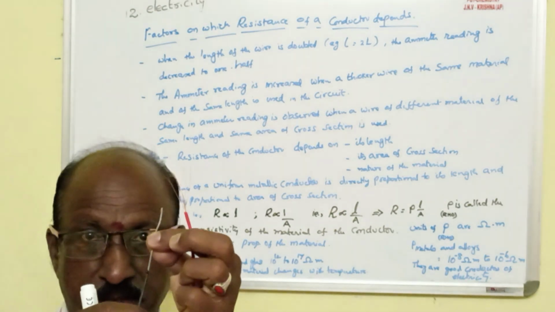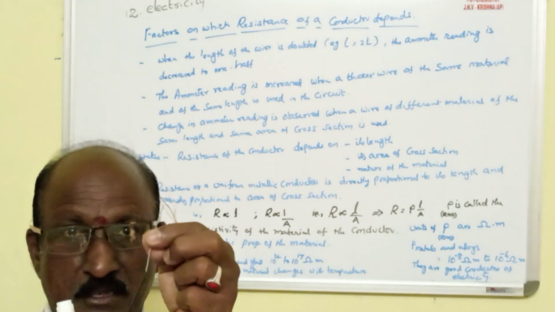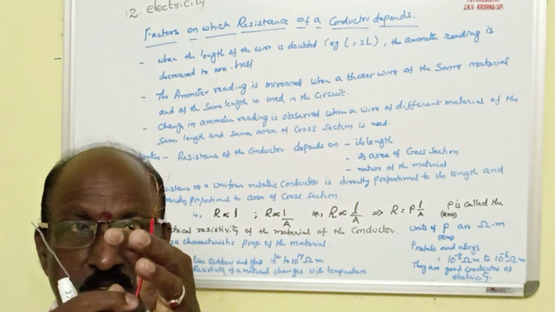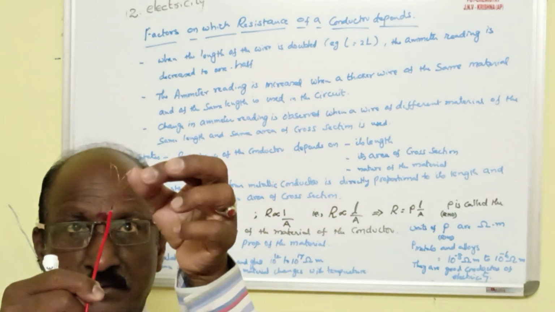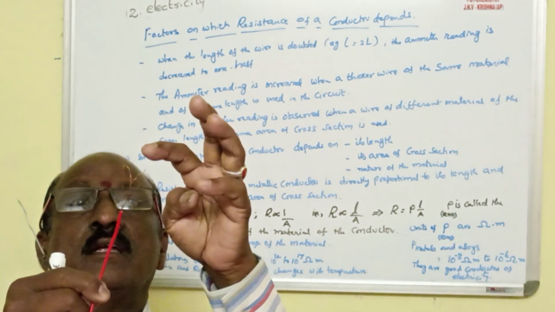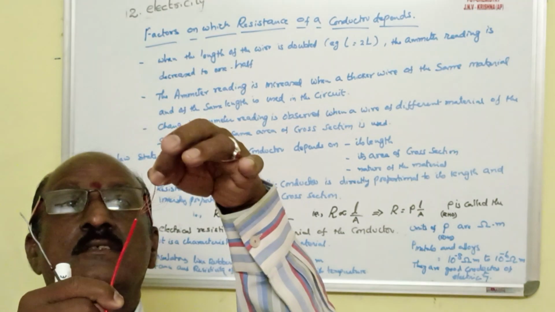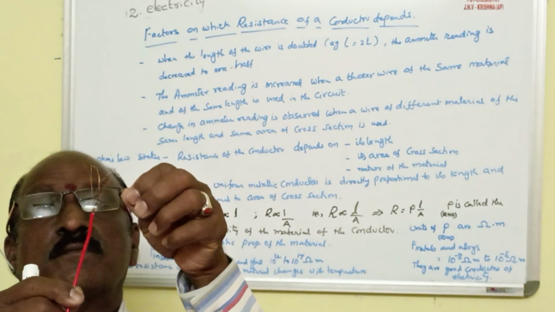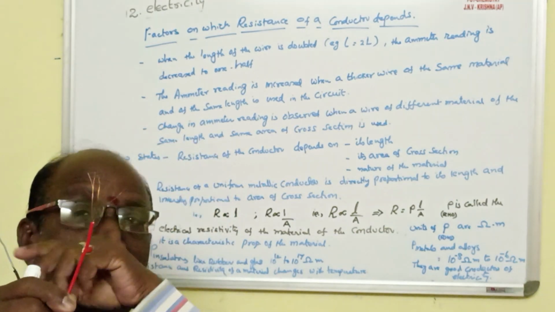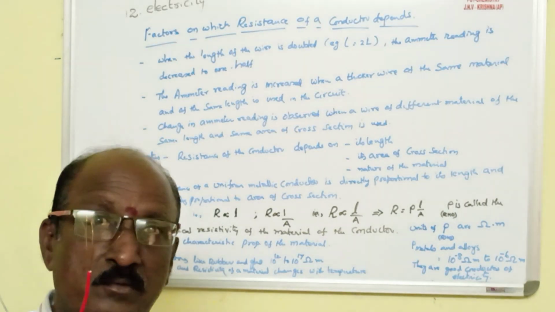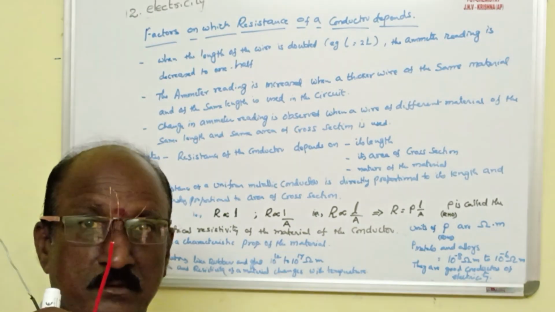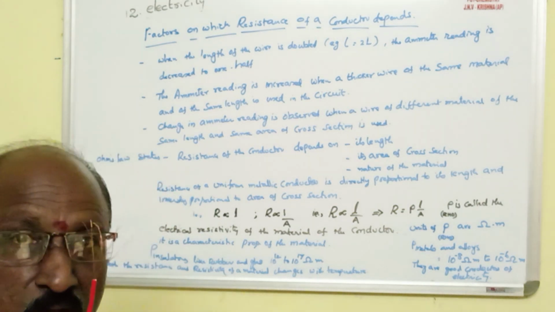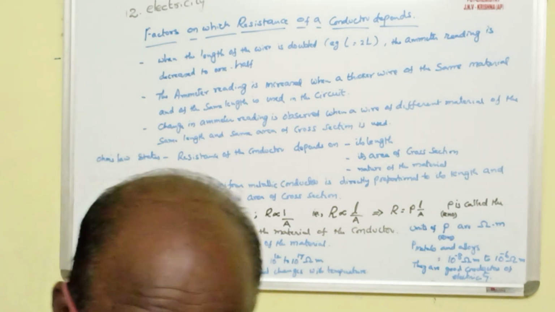This is termed a single lead wire, and this is a poly lead wire. You can see inside there are so many copper wires. The thickness of this copper wire is of the order of microns. I will let you know later.